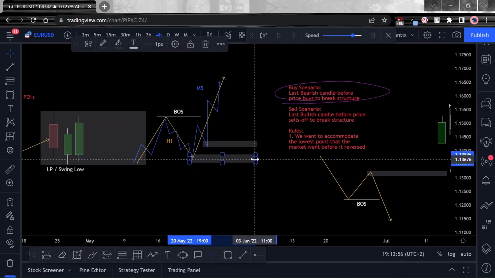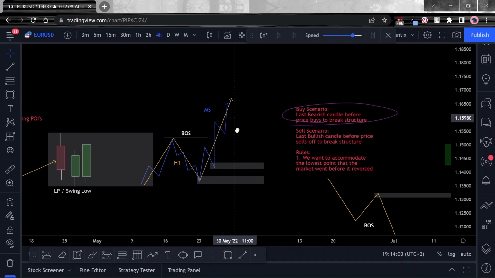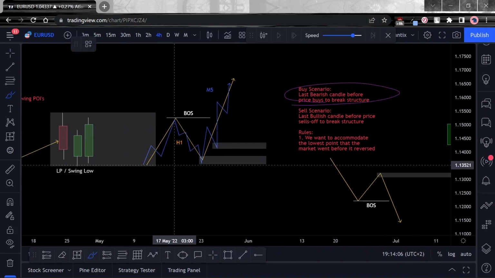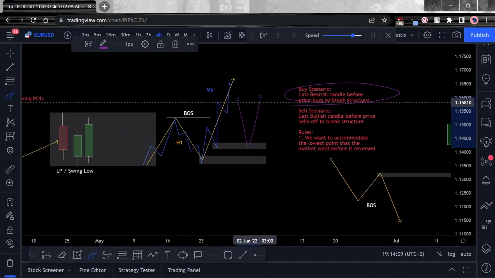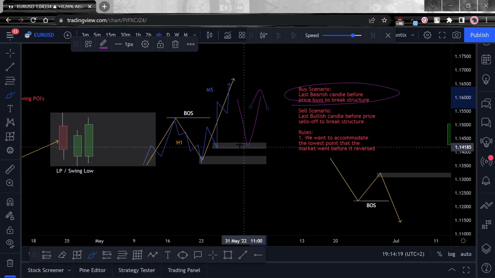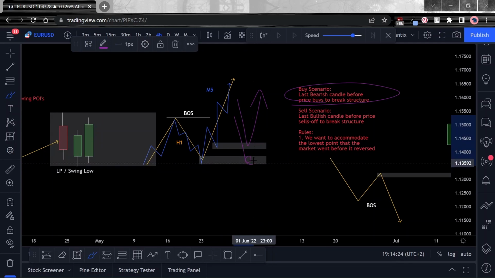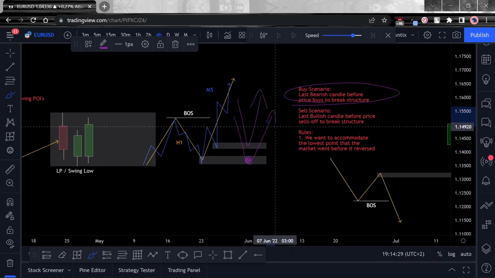So we've got two areas where we can anticipate price to return and reverse, because price could move over here. My bad. Price could easily move over here and reverse, because yes, there is obviously a last bearish candle before price broke structure that's over there, and price could also move lower to test this point where we have the lowest swing low before price moves up.